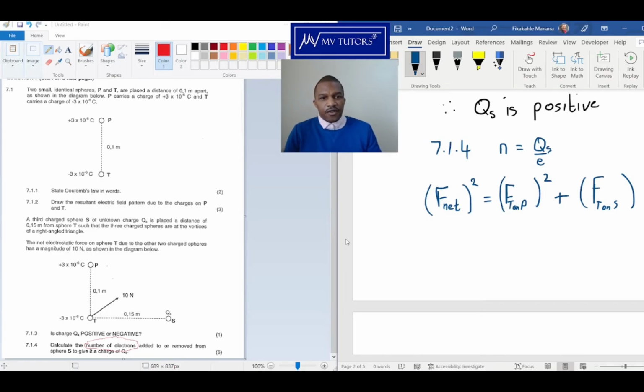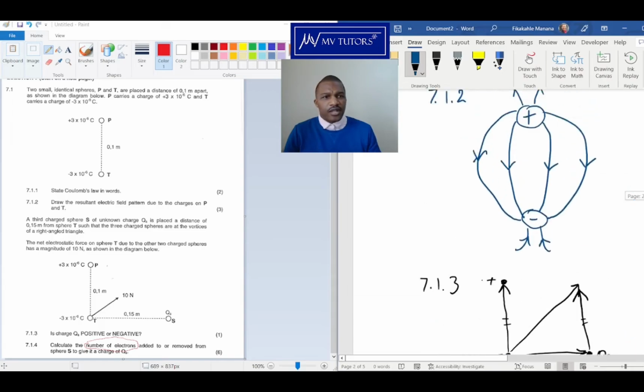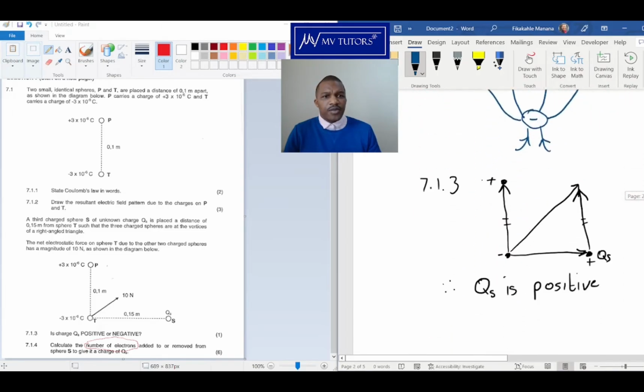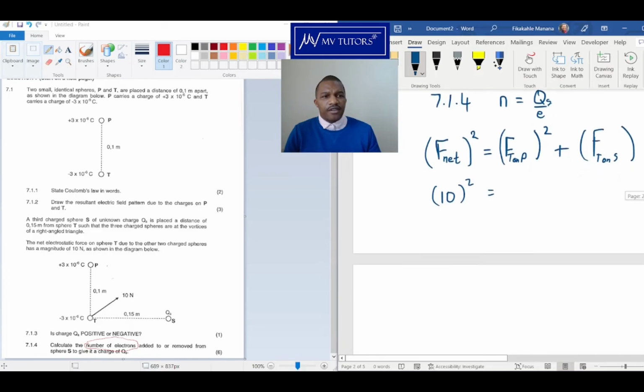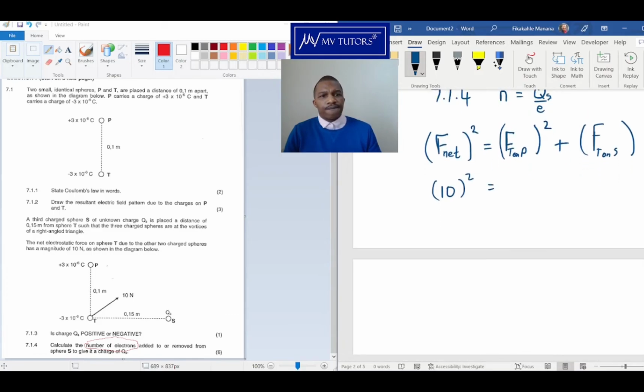So with the net force, we know it's 10 squared because it's given right over there. Now T on P, did you calculate it somewhere? No, doesn't look like there was a question that wanted us to calculate it, but we can calculate it because we have all the variables for it.